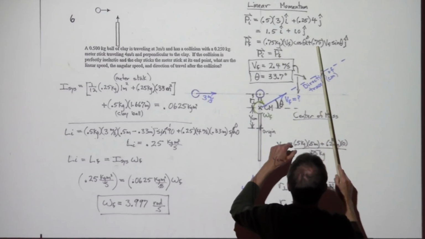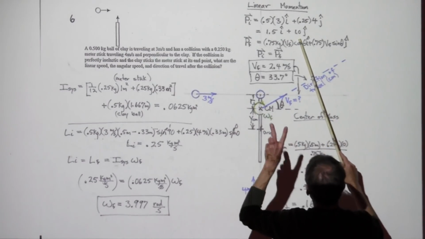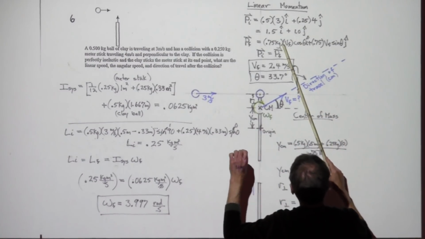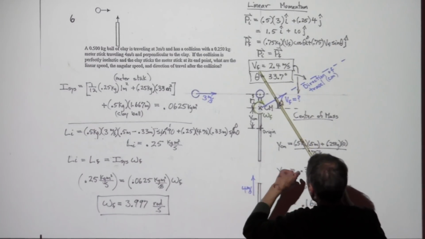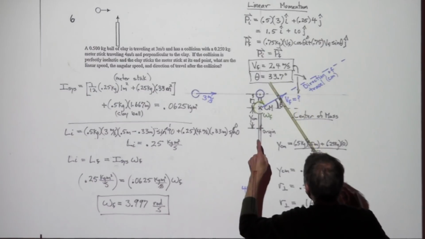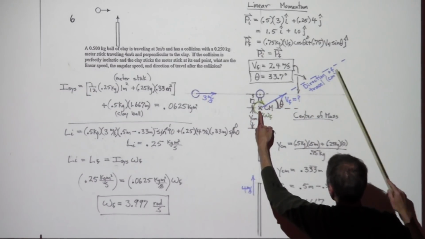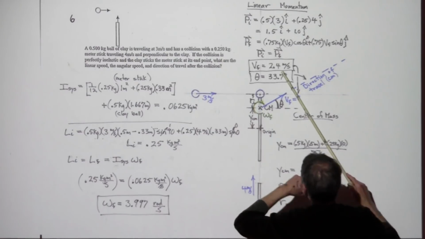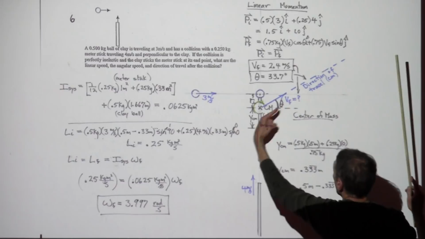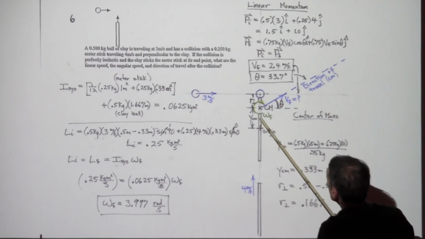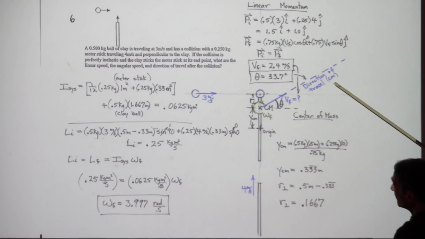We're going to take this other term in the j direction, set it equal to 1. And so we've got two equations, the x equation and the y equation, and we can solve for the final velocity as well as the angle that it's going up. So it's headed up at 33.7 degrees, and it's got a final velocity of 2.4 meters per second going off in that direction. So that's linear momentum, which tells us that motion.